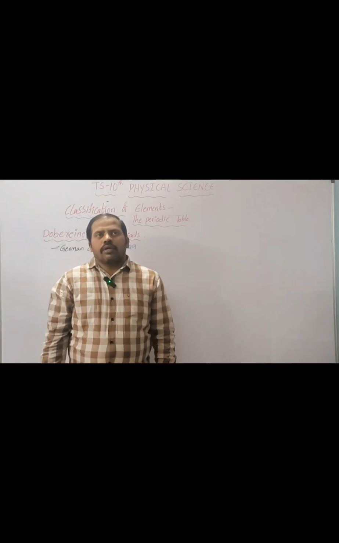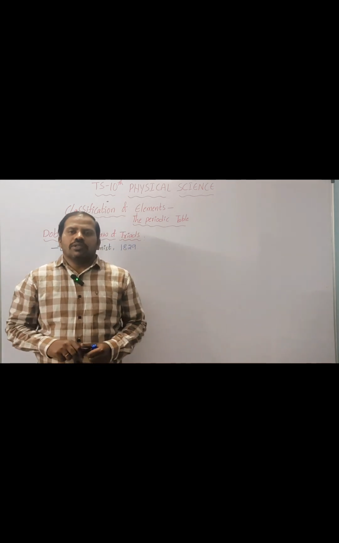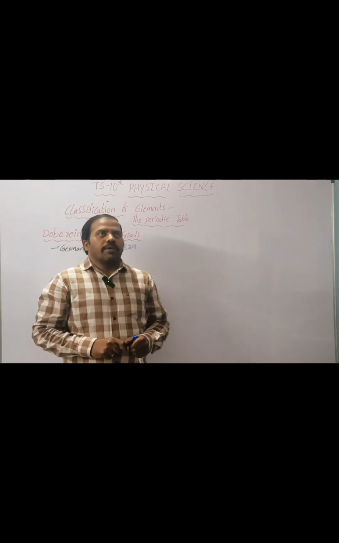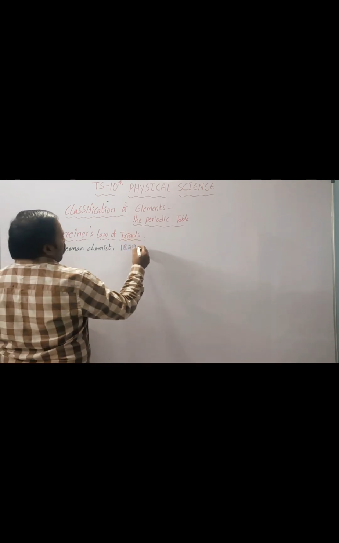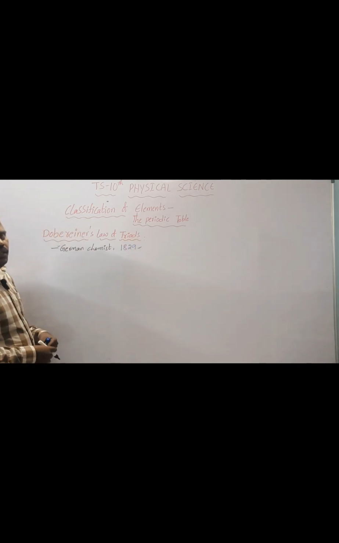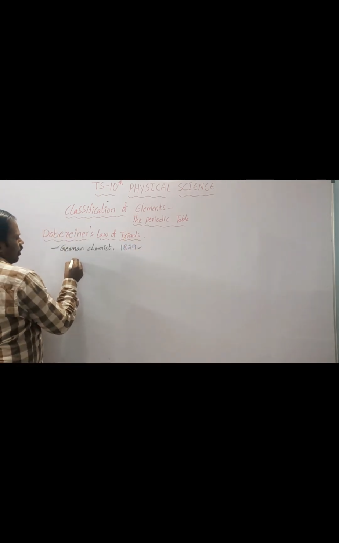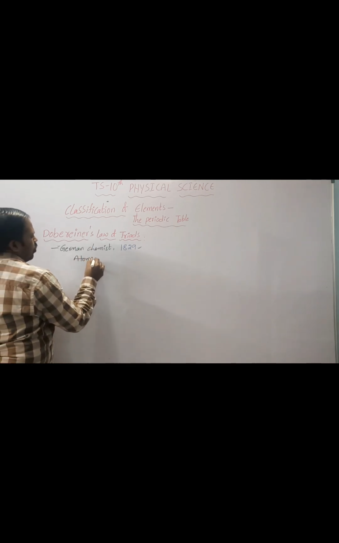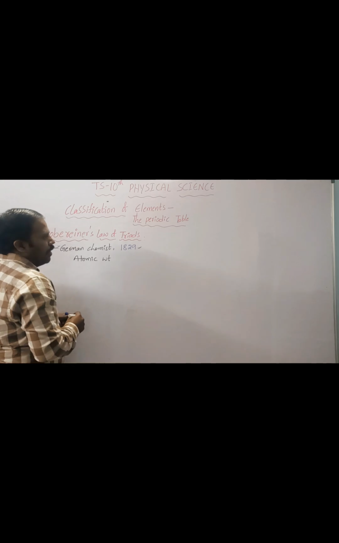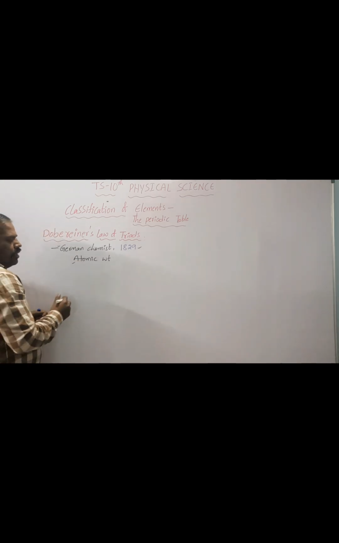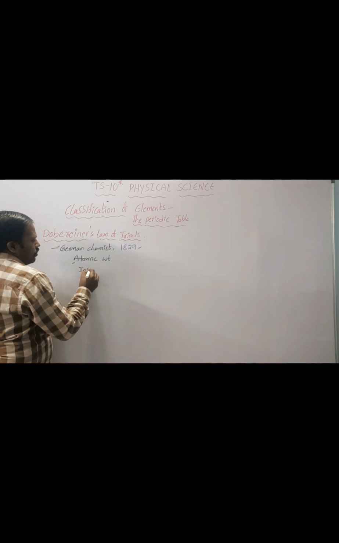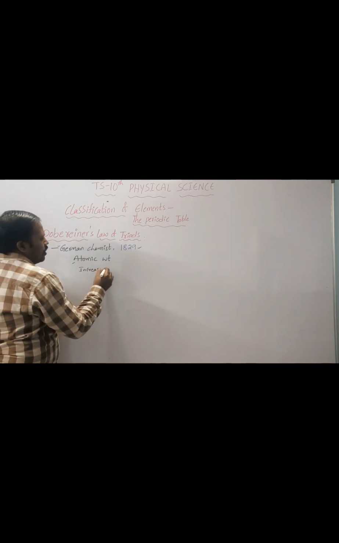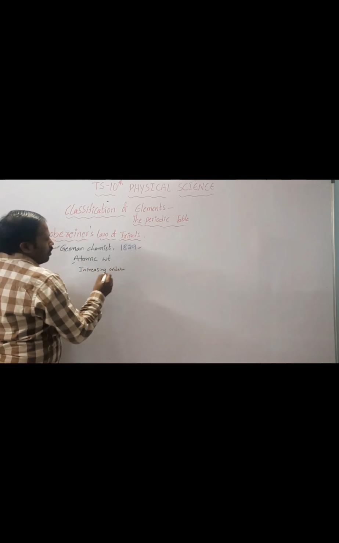Dobereiner's law of triads was the first classification. He was a German chemist, and this law of triads was given in the year 1829. He took the property of atomic weight and arranged the elements in increasing order of atomic weight.